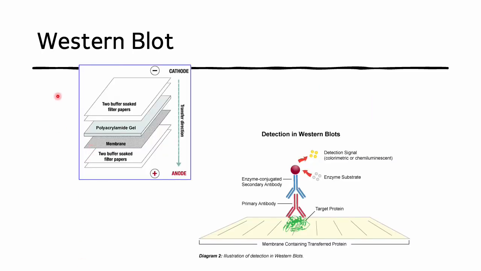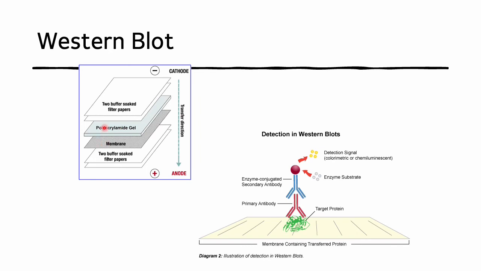After SDS-PAGE, we perform transfer. We transfer the proteins separated according to their size in the gel to the membrane, because it's hard to deal with gel throughout the whole step.